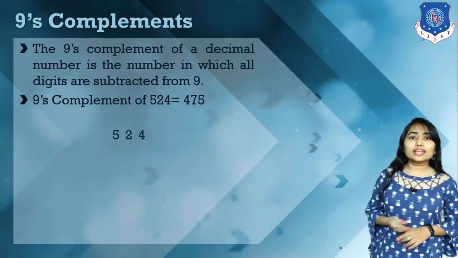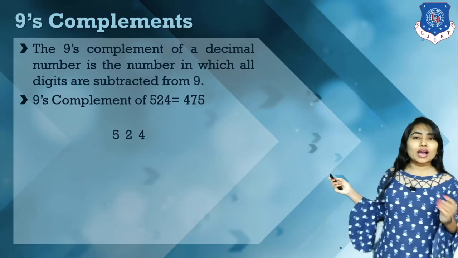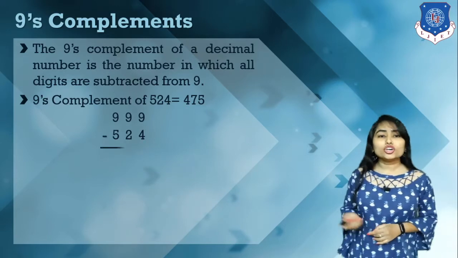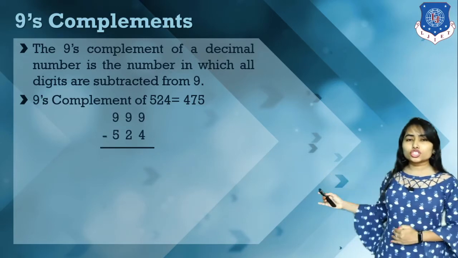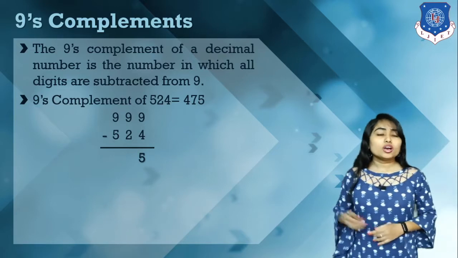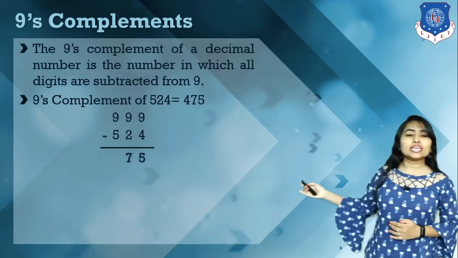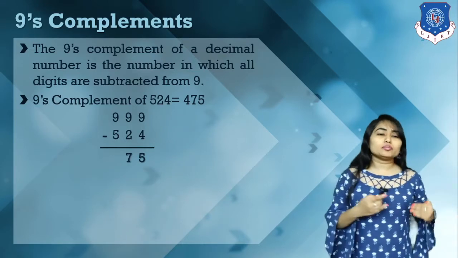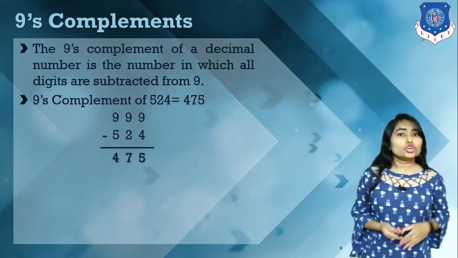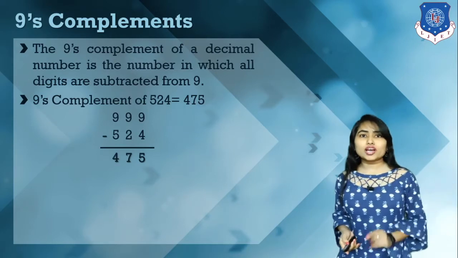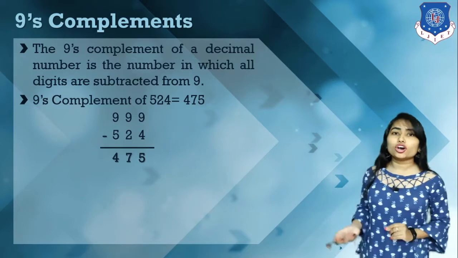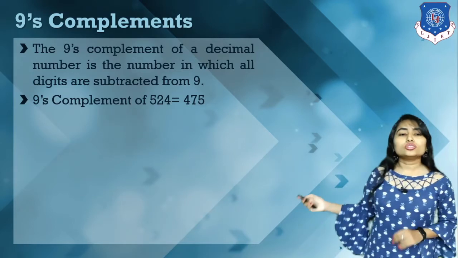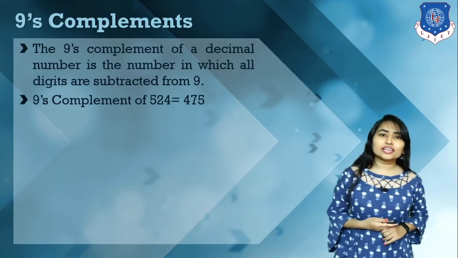Subtract all the digits of 524 from 9. Here 9 minus 4 is 5, then 9 minus 2 is 7, then 9 minus 5 is 4. So 4, 7, 5 is the 9's complement of 5, 2, 4. So this is how we can calculate the 9's complement.